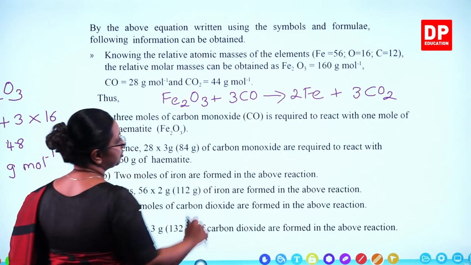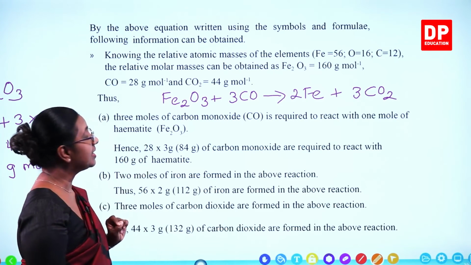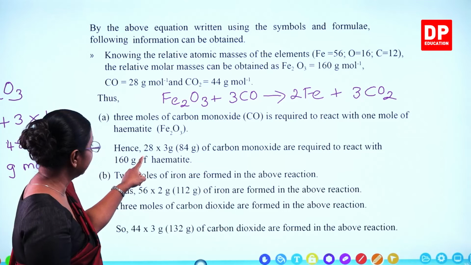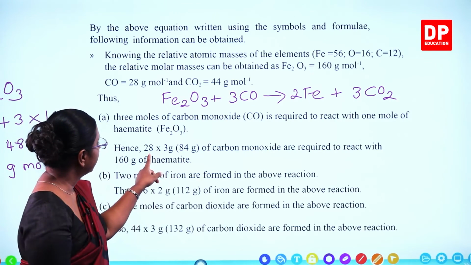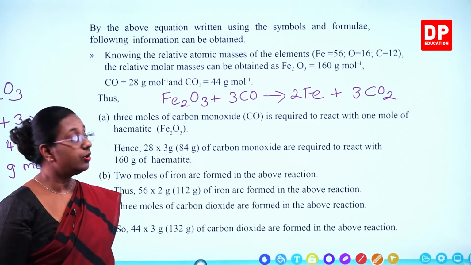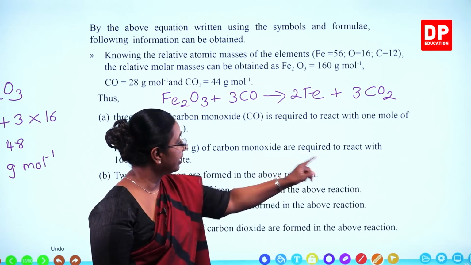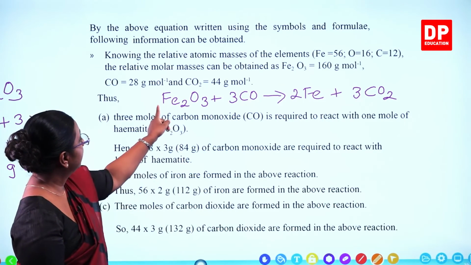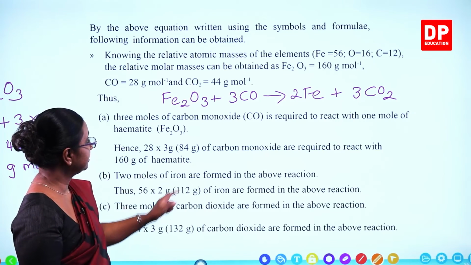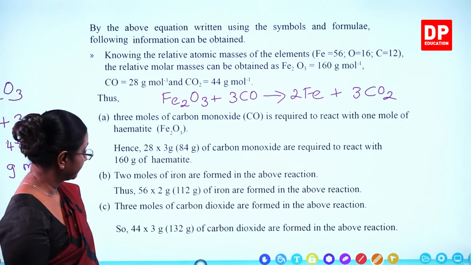Carbon 12, oxygen 16, so when you add them together, the molar mass of carbon monoxide is 28. 28 into 3 moles is equal to 84 grams of carbon monoxide required to react with 160 grams of hematite. Fe2O3, 160 grams, carbon monoxide, 84 grams.